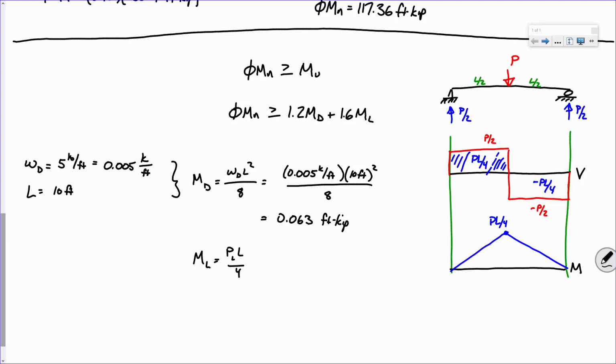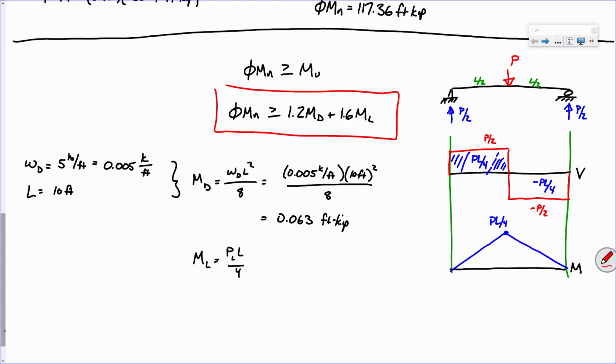Okay, so I want to go back to that inequality. All right, what do I know? Well, I know phi Mn, and I now know the M sub D. I know the dead load moment. So could I solve for the live load moment? Okay, so how would we do that?